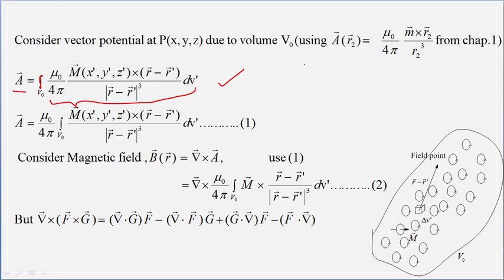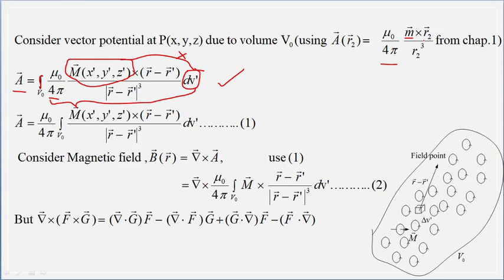And how do we write it? We have mu naught by 4 pi. Then this M, the magnetic moment: magnetization into the volume. When this quantity is multiplied, it corresponds to the magnetic moment.